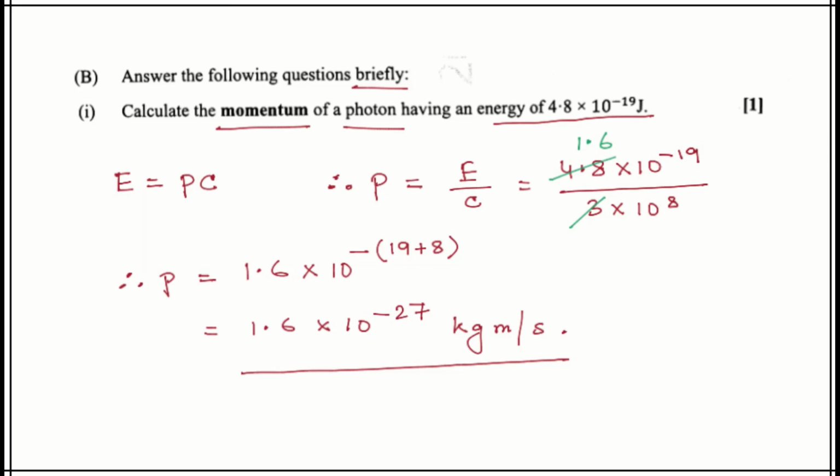Next question. Question number 2. What is motional EMF? Motional EMF is induced due to the motion of a conductor in a uniform magnetic field.